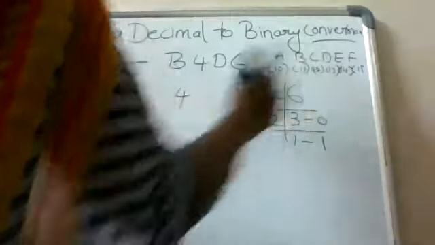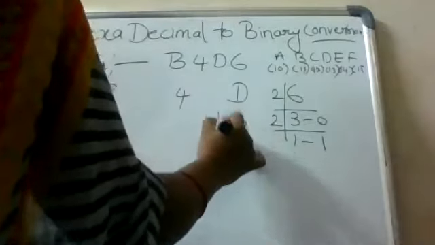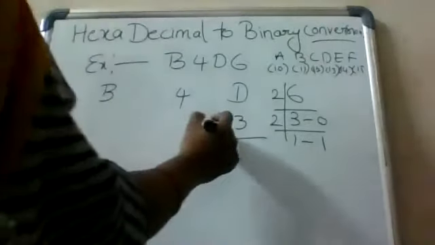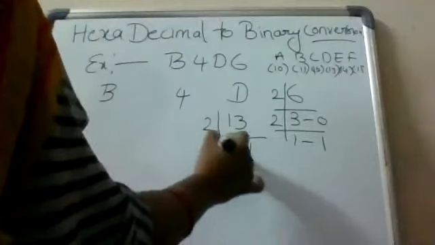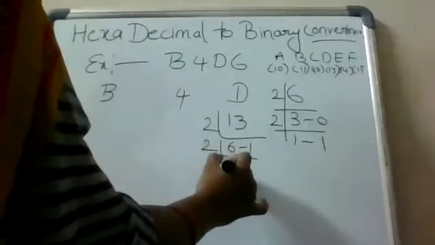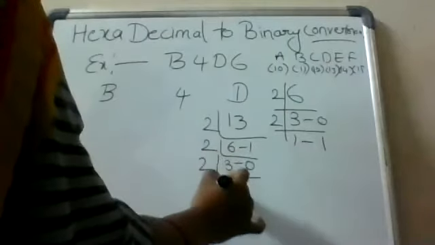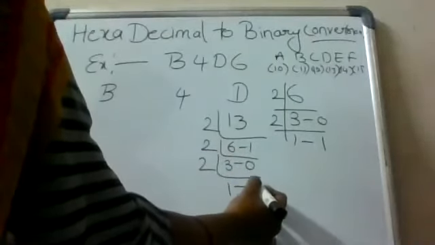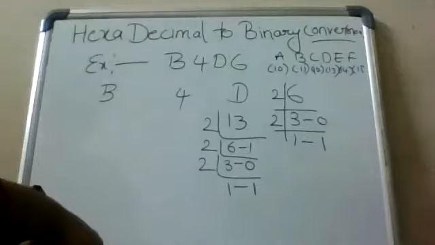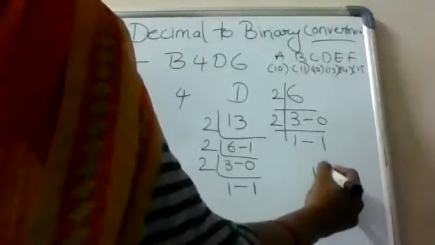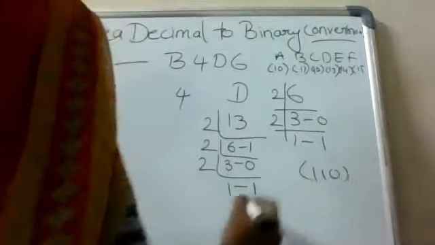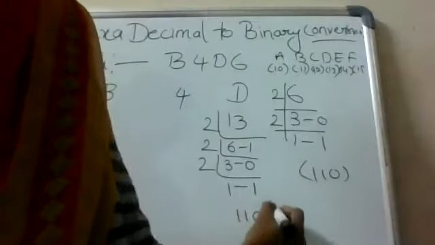D means 13. Divide with 2. 2 6s are 12, remainder 1. 2 3s are 6, remainder 0. 2 1s are 2, remainder 1. Here 1 1 0 1.